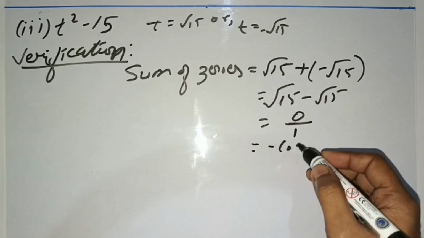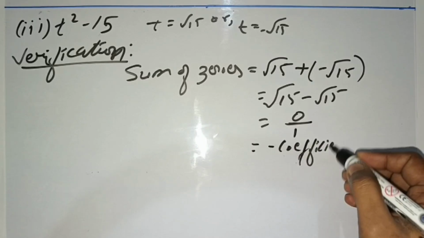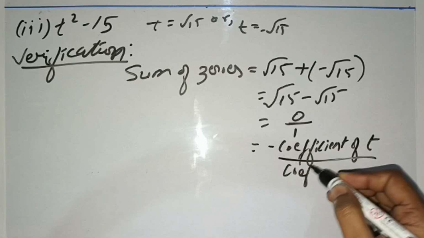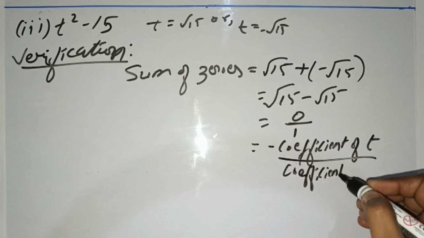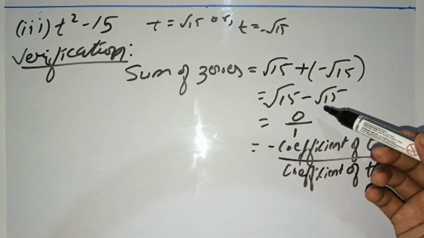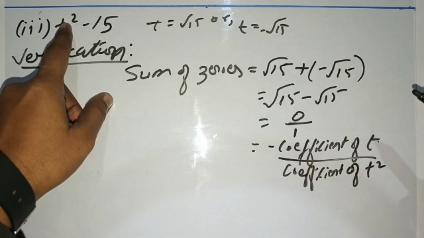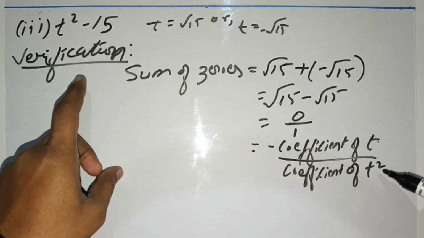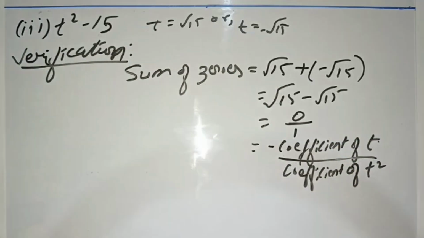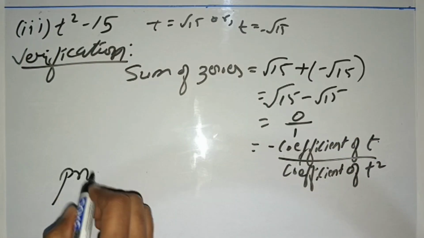So the formula is minus coefficient of t by coefficient of t square. The coefficient of t is 0. So we don't have any coefficient of t. Now coefficient of t square is 1. It's verified.